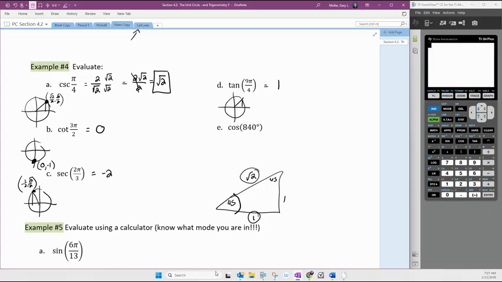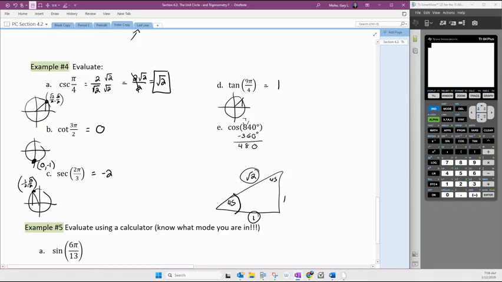And the cosine of 840 degrees. I have no idea what is coterminal to 840 degrees. But obviously, it's more than one circle. In fact, it's probably more than 2 circles. So to figure out what angle I'm talking about, I'll subtract 360. So that's going to be 480.